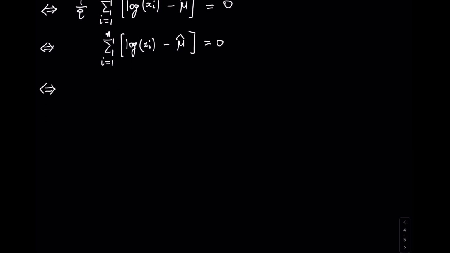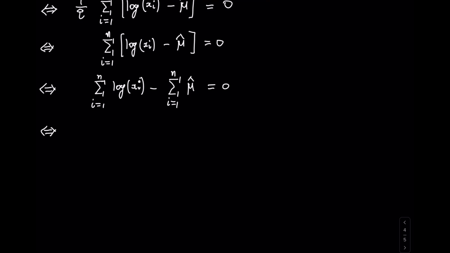Then, because it's a sum of subtraction, we can rewrite this as the sum, i equals 1 to n, of log xi, minus the sum, i equals 1 to n, of mu hat, is equal to 0.